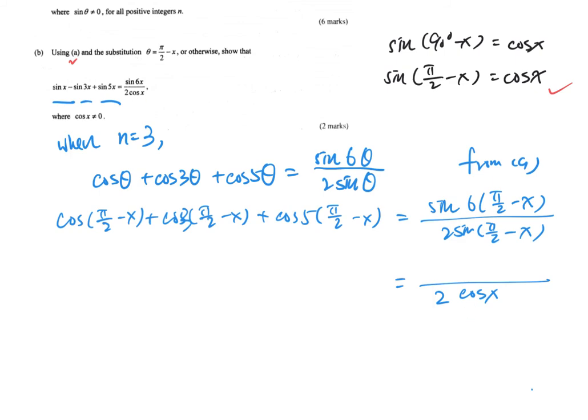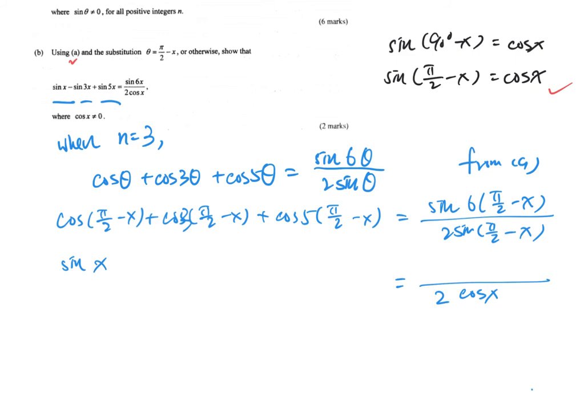So right now we do it similarly. Then cosine changes to sine x. Wow, that means we are going to do it similarly for cosine 3 times this guy and cosine 5 times this guy. But unfortunately, we can't just do it like this because it is 3 multiplied by a number.